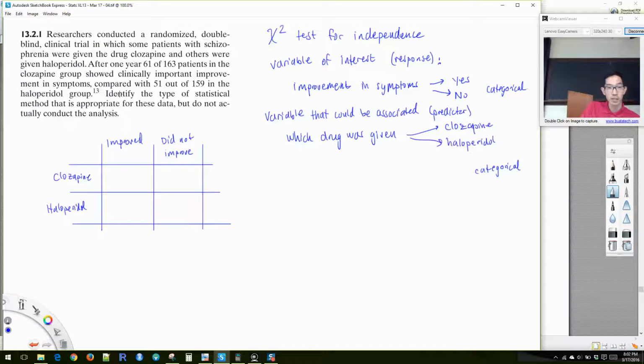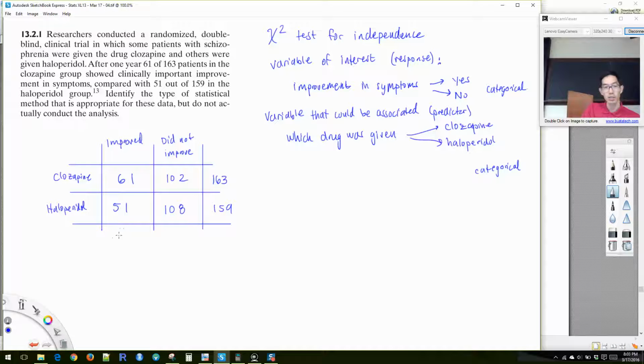It says after 1 year, 61 in the clozapine group, so it would be 61 out of 163, and then 51 out of 159. And if there's 61 here, then there has to be 102 here. And if there's 51 here, there has to be 108 there.